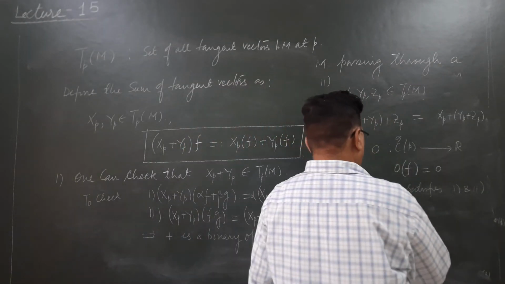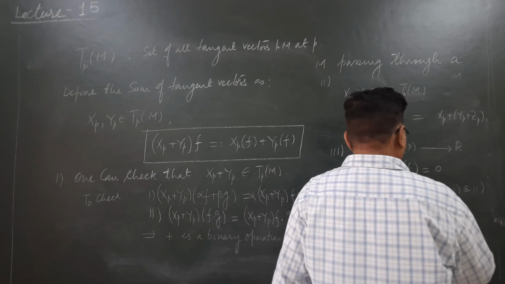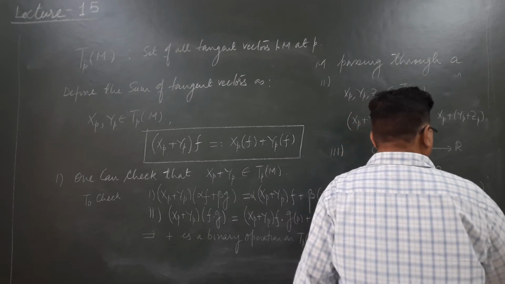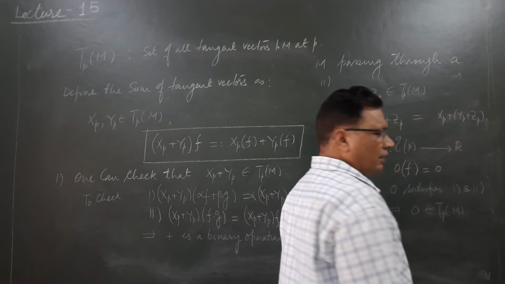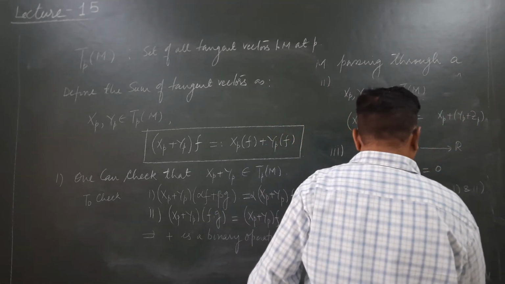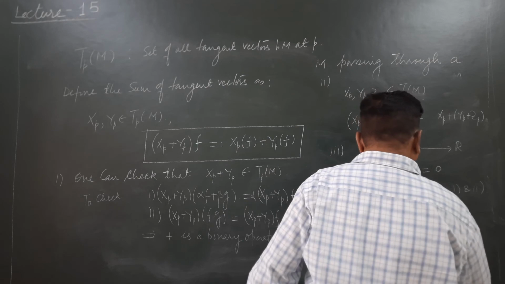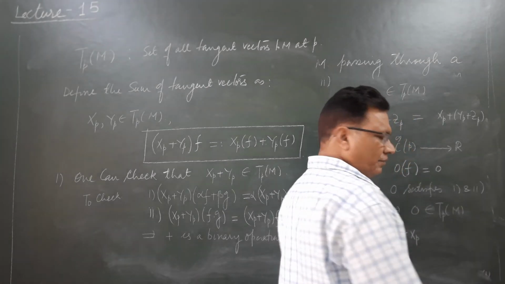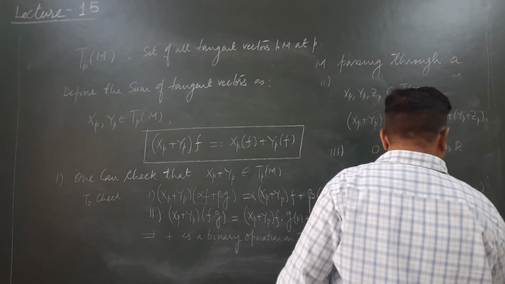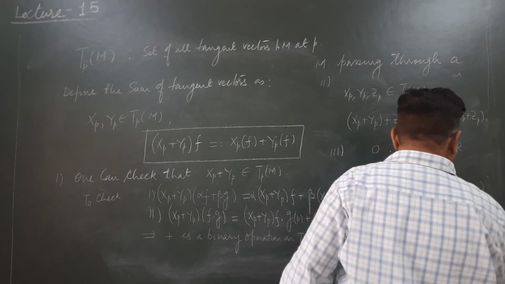So this would imply that this O belongs to TPM. ठीक है? After this you will check कि whether for any tangent vector XP, this condition holds or not: XP plus 0 equal to XP.